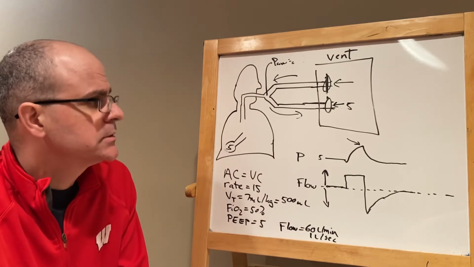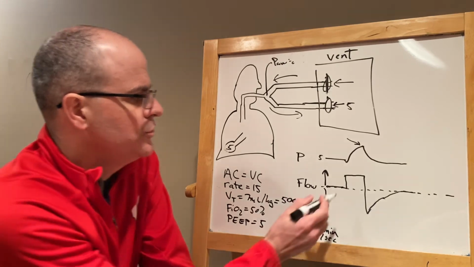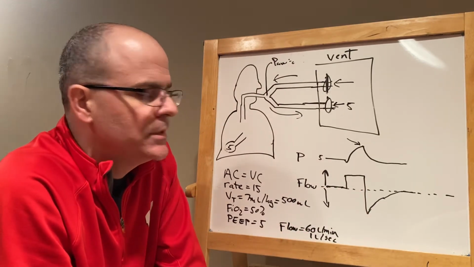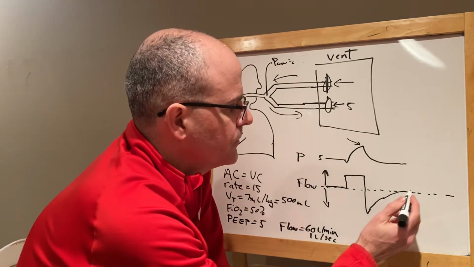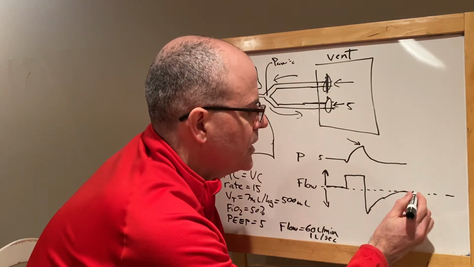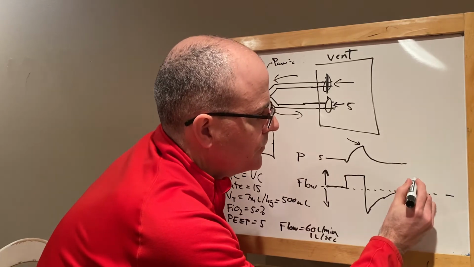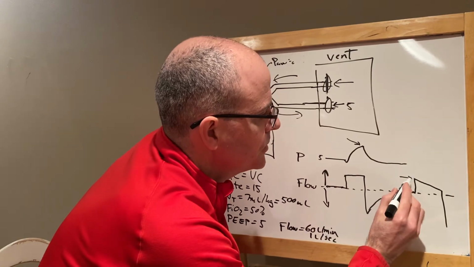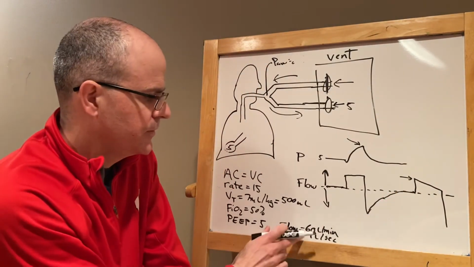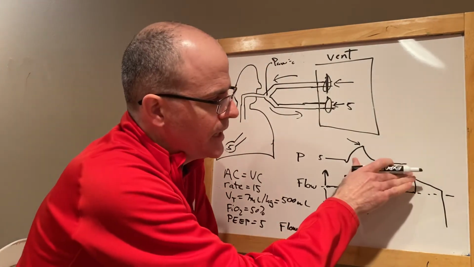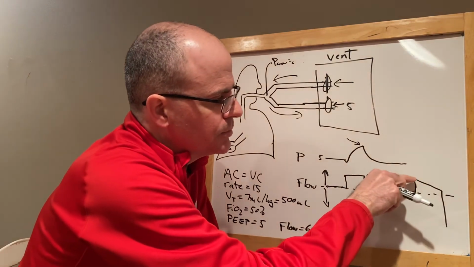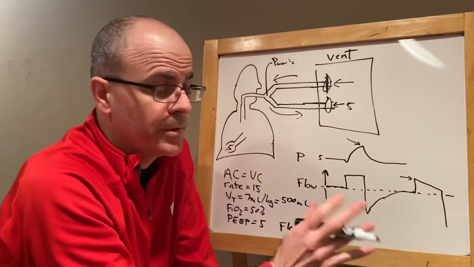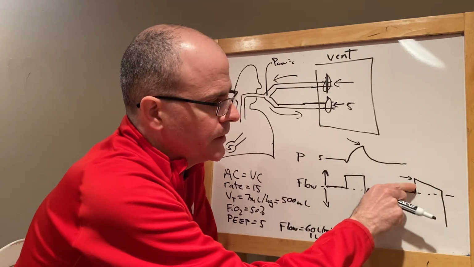A couple other things. I assumed here that flow was constant throughout inspiration. We actually typically use a ramp, and I'll explain why in later lectures, but typically we'll use an inspiratory flow waveform that looks sort of like that, which is to say the peak inspiratory flow is whatever you said, in this case 60 liters per minute, but then as the breath goes on, inspiratory flow will slow down and may even get to be pretty slow depending upon exactly how your ventilator runs its ramp.